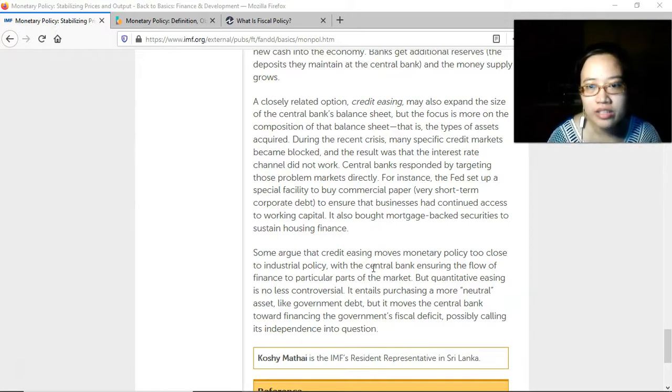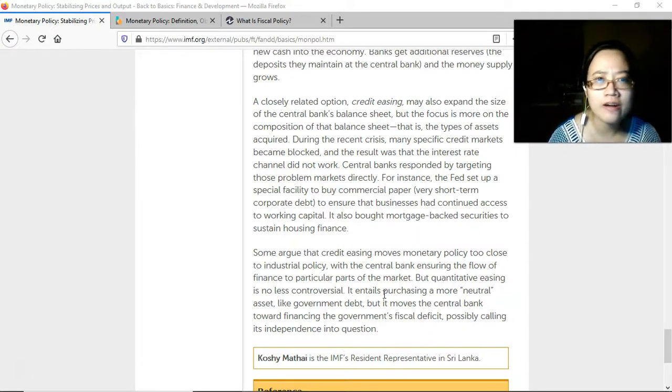Some argue that credit easing moves monetary policy too close to industrial policy, with the central bank ensuring the flow of finance to particular parts of the market. But quantitative easing is no less controversial. It entails purchasing a more neutral asset like government debt. Normally, it's the government bonds, right? But it moves the central bank toward financing the government's fiscal deficit, possibly calling its independence into question.